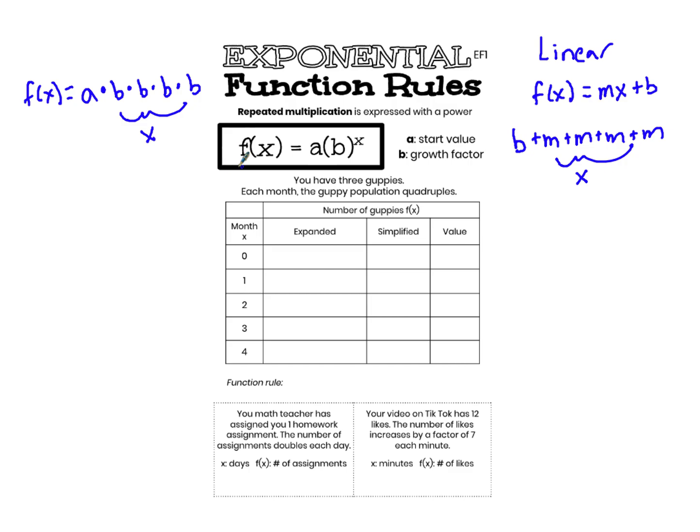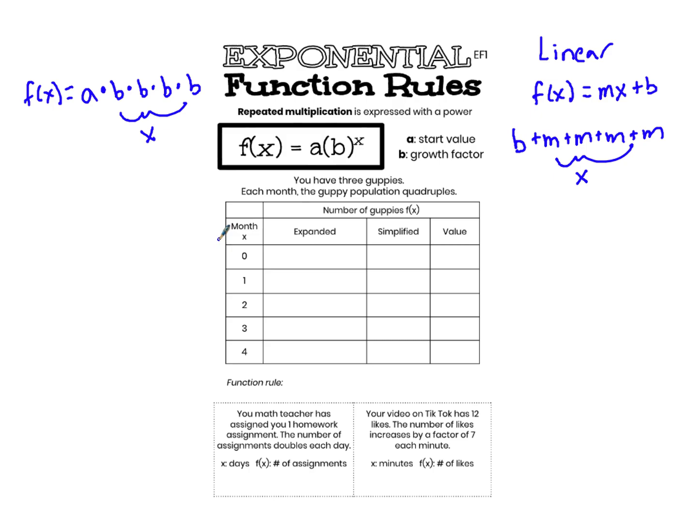So this is where my exponential function rule form comes from. F of x equals a times b to the x power. That power, b to the x, represents my repeated multiplication, times b, times b, times b, x times. So I start with a, it's my start value, and then I multiply by my growth factor b, x times, b to the x power.